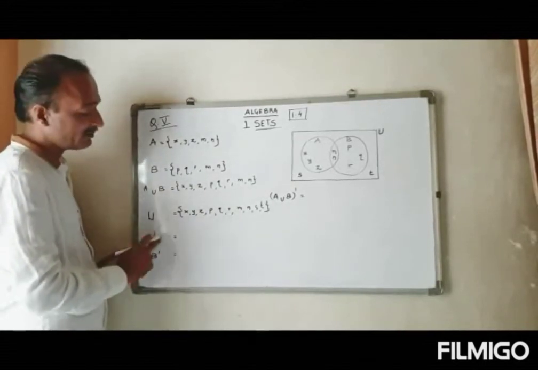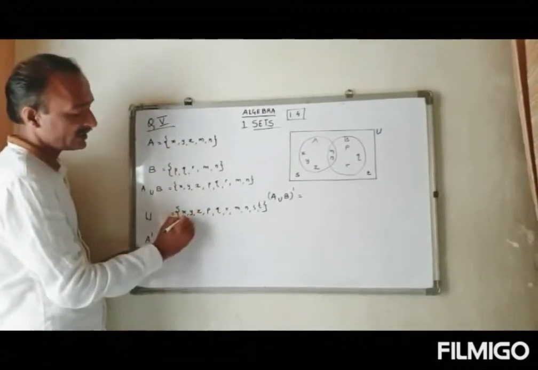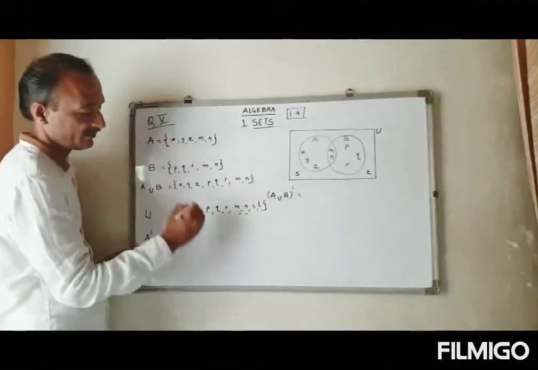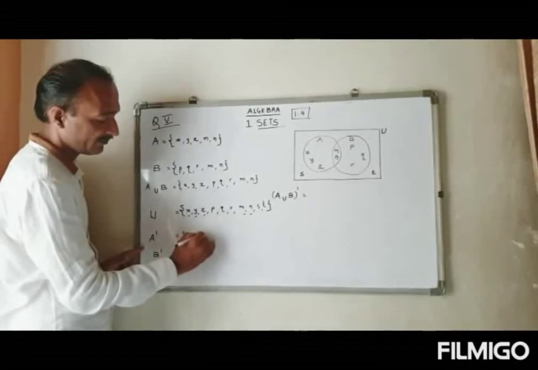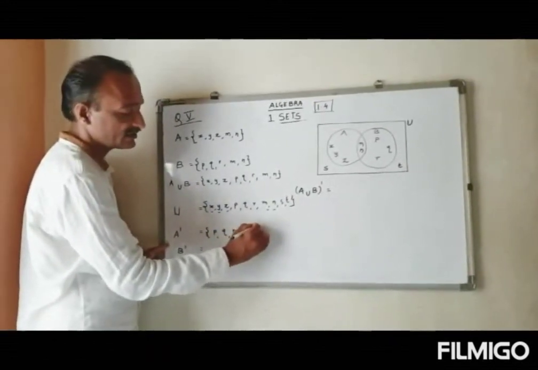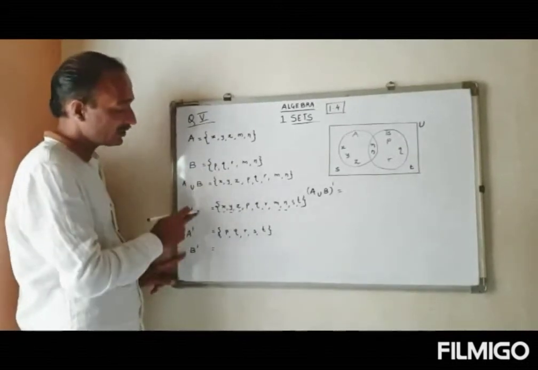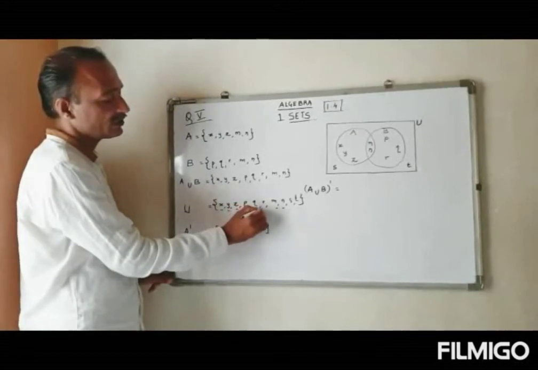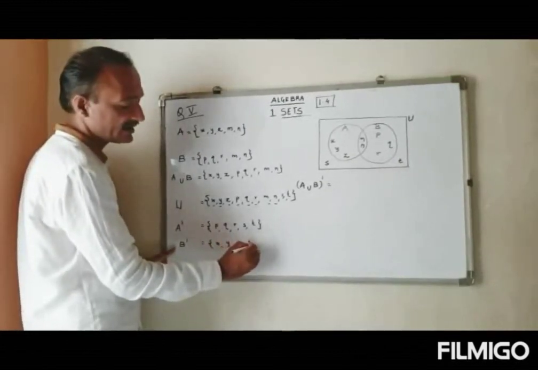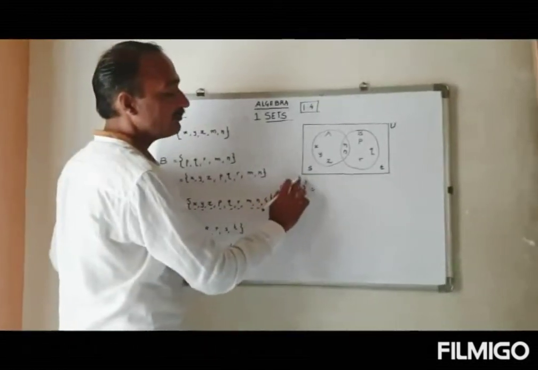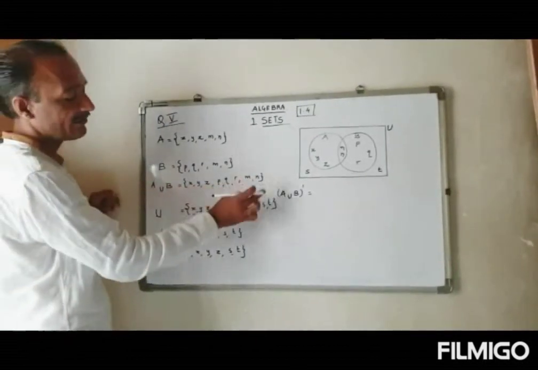A complement means which is there in universal but not in A. So excluding X, Y, Z, M, N, it is P, Q, R, S, T. B complement, which is there in universal but not in B, or universal set minus B, excluding P, Q, R, M, N, is X, Y, Z, S, T. And the last is A union B complement, universal minus A union B. Excluding X, Y, Z, P, Q, R, M, N, what remains?